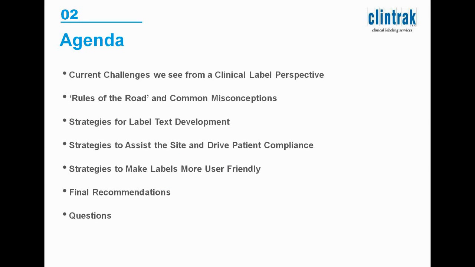We're going to cover everything from the current challenges that we're seeing from our perspective, what we've seen at the Clintrak side, to some of the rules of the road for clinical labels, some of the common misconceptions about clinical labels, and then we'll get into some strategies that you can implement at your sites, from label text development strategies, strategies to assist the sites and the patient, which, through this whole process, sometimes the labels are an afterthought, and you don't even think about the sites or that a patient has to use these labels when they receive them.